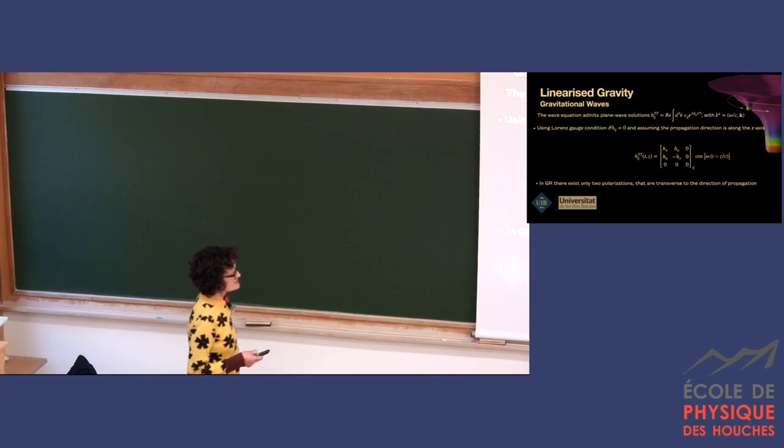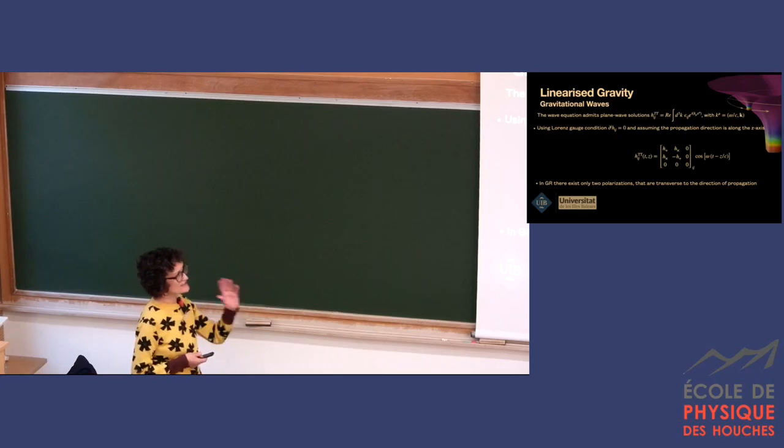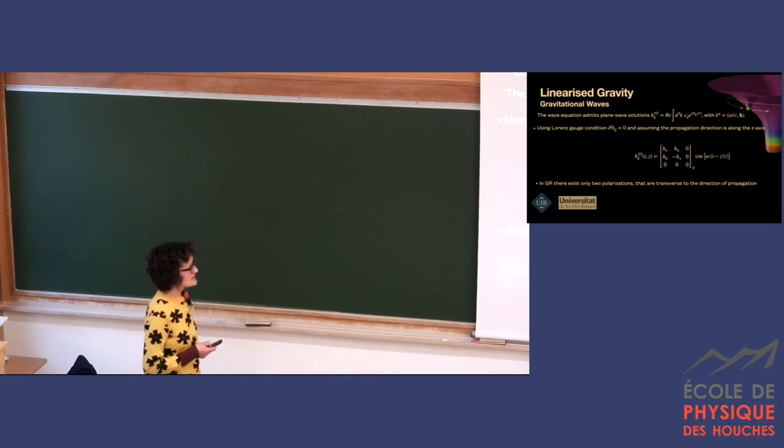Okay, so now we said, nice, our metric perturbation obeys a wave equation, so I can plug in an ansatz for a plane wave. And then I also have my Lorentz gauge condition, and if I just apply this to this solution, I immediately see that if the wave is propagating along the k vector, then the waves are transverse, because this is taking down a k factor here, so the product of these two is 0.